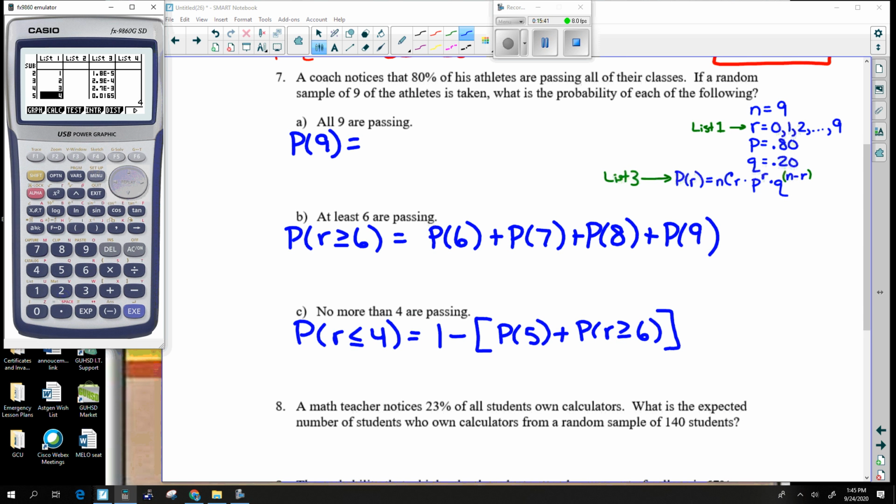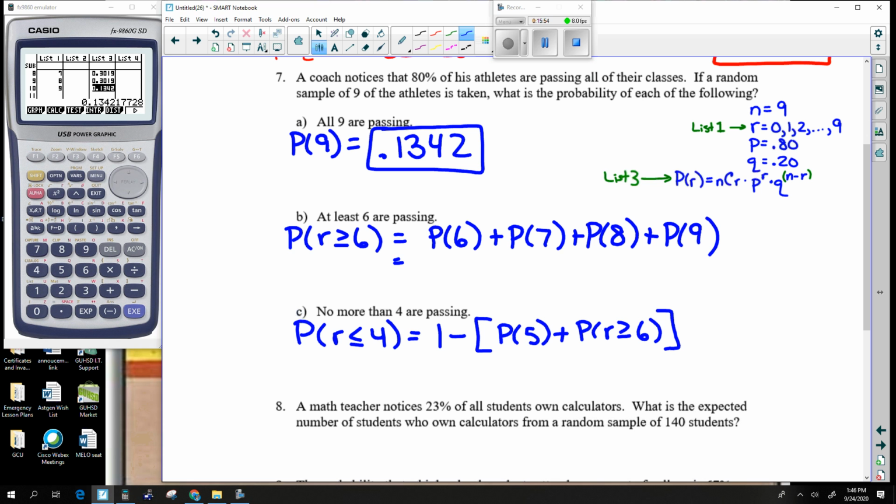So here the first one is asking what is the probability of straight up 9. That's 1, 3, 4, 2. Here I need probability of 6.